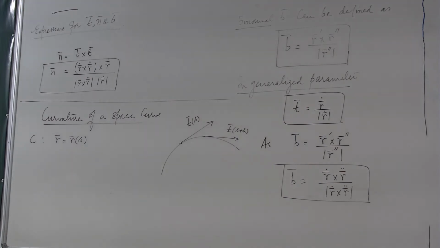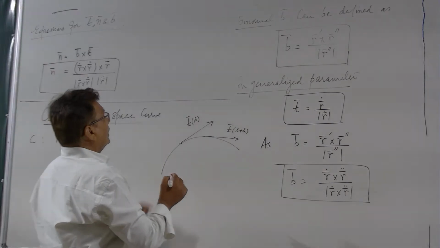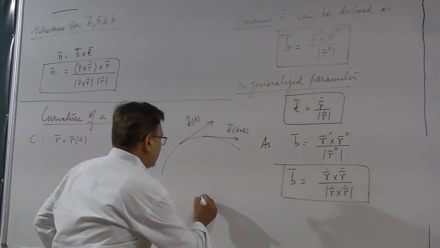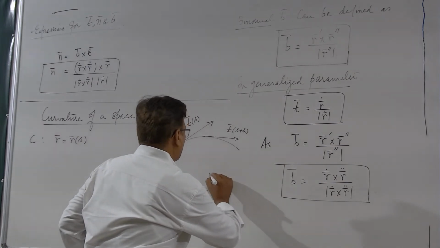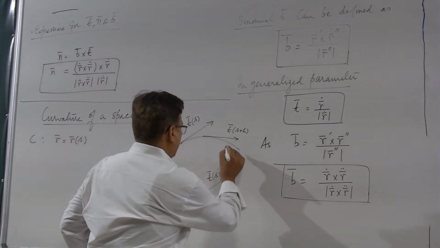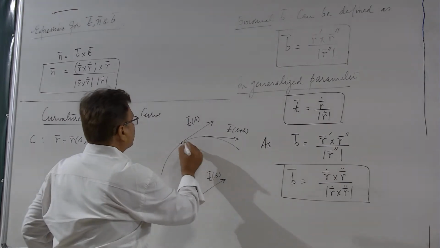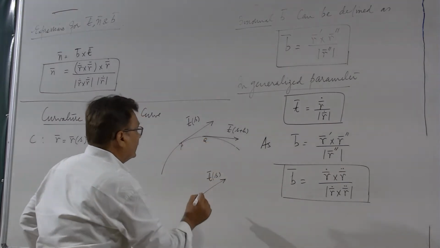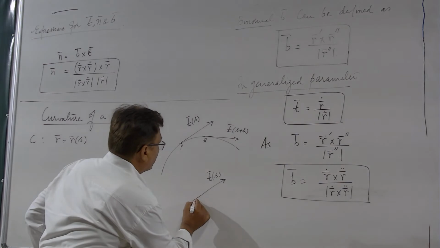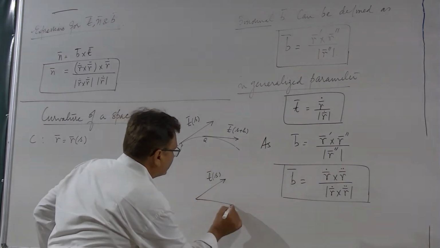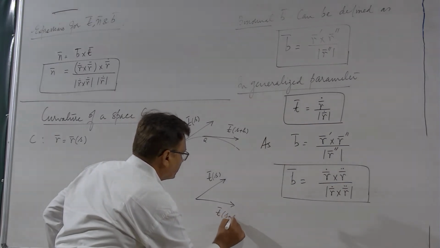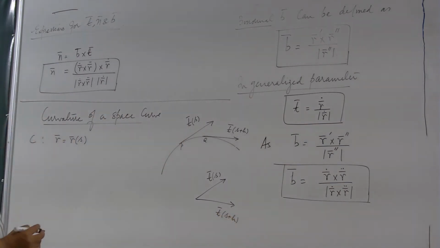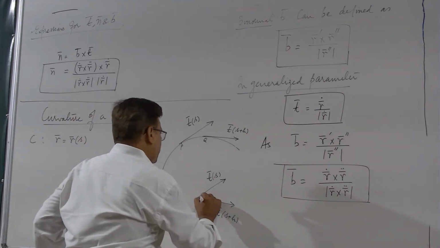So both T(s) and T(s plus h) are unit tangents. Now, let me draw these two tangents over here. This is the tangent T(s) at point P, and this is point Q, with the tangent T(s plus h). The angle between them is, suppose, theta.